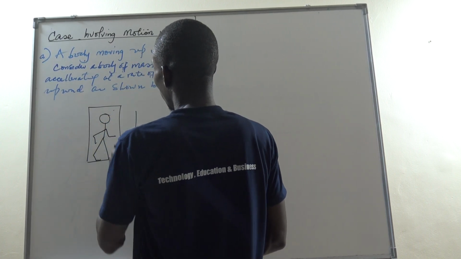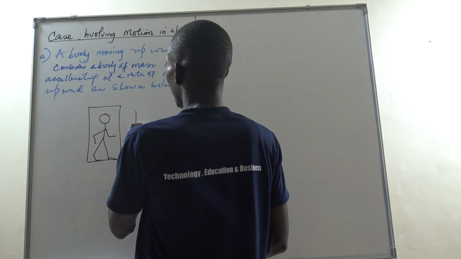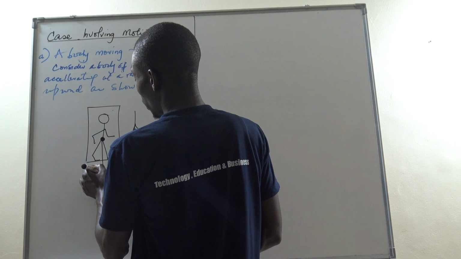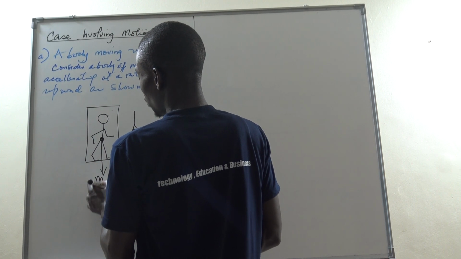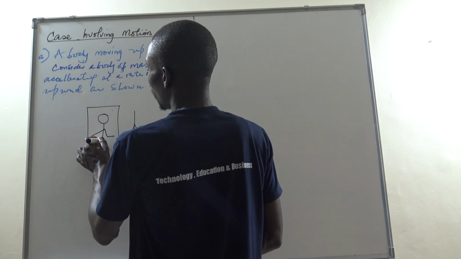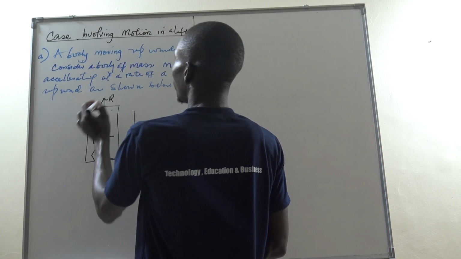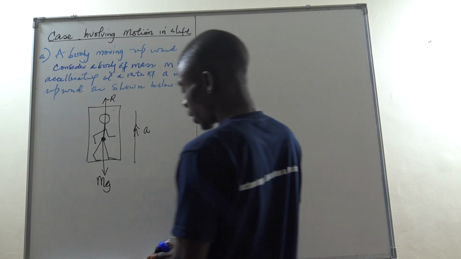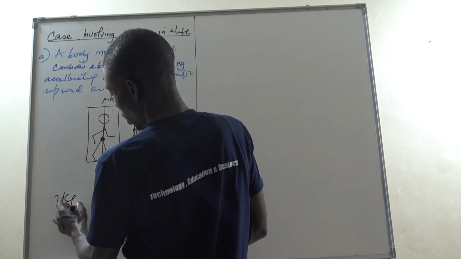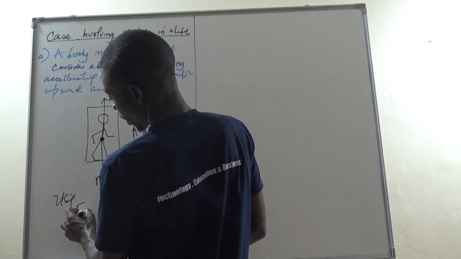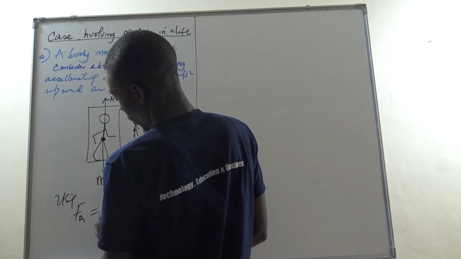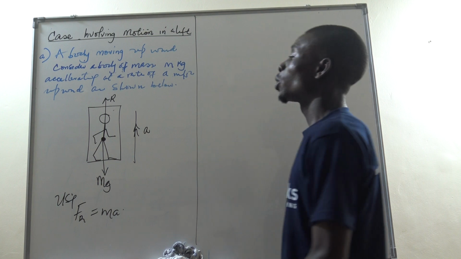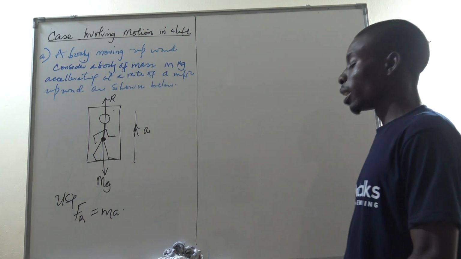We said we are looking at the lift going upward with acceleration a. Therefore, this man's weight will be acting as mg, and then we'll have a normal reaction R. So we shall be using F_R equals ma, force in the direction of motion minus force opposing motion equals ma.